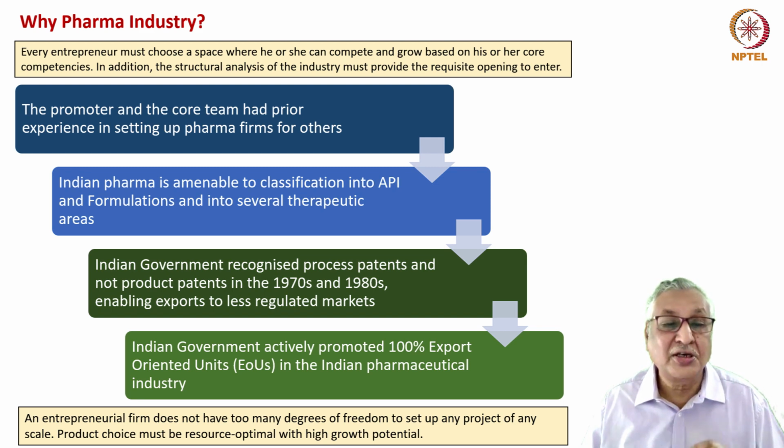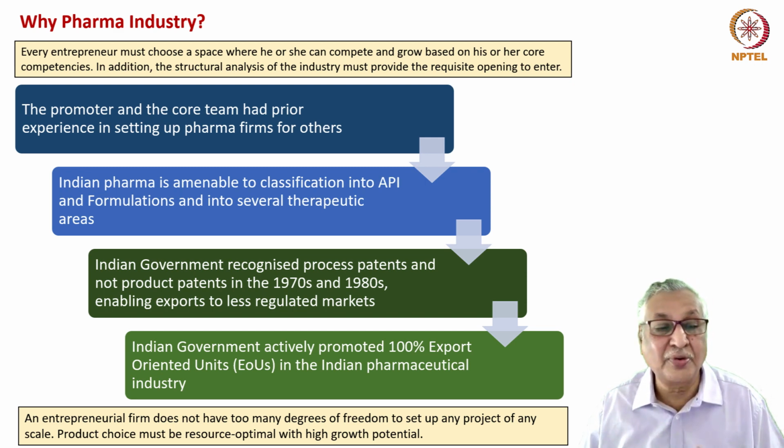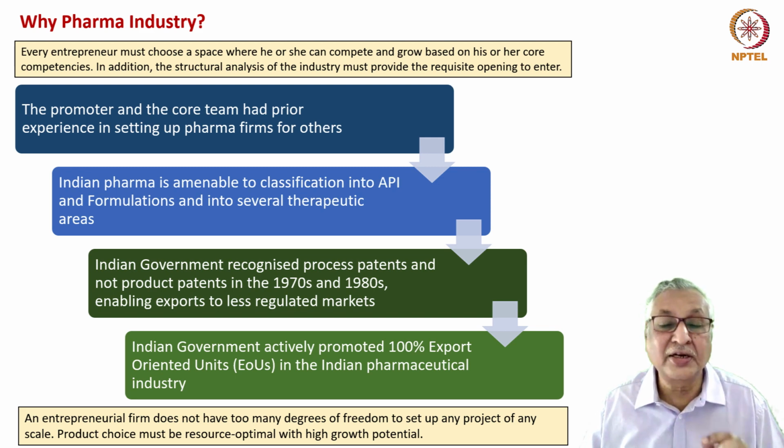The Indian pharmaceutical industry is amenable to classification into API and formulations and also into several therapeutic areas in both these broad categories. Indian government recognized process patents and not product patents in the 1970s and 1980s. This has enabled exports to less regulated markets without any restraints.